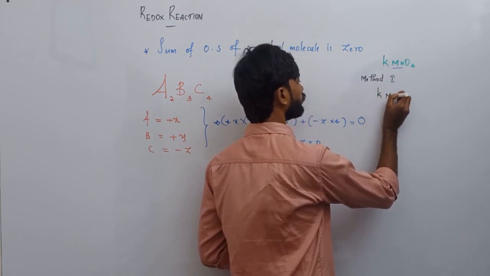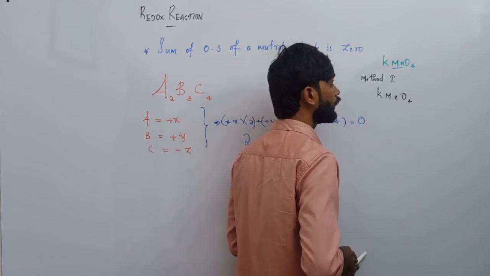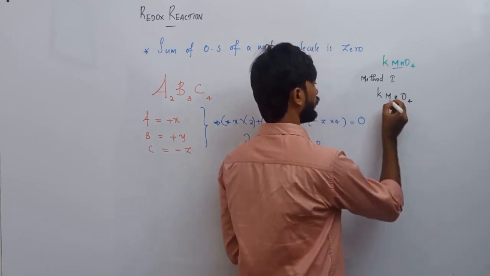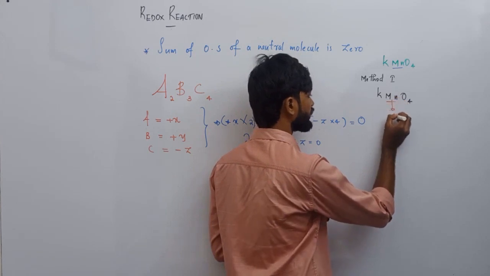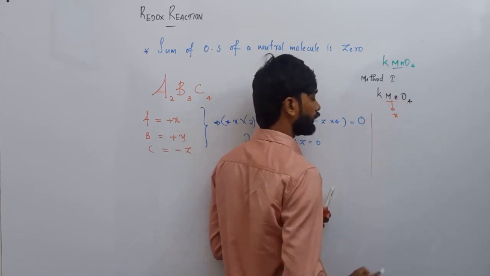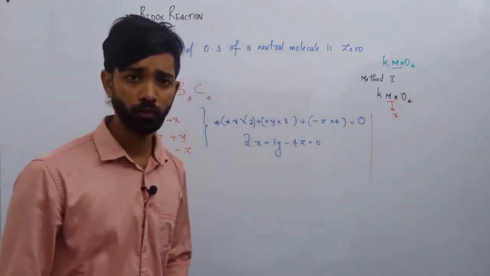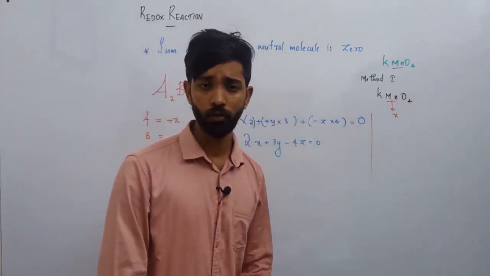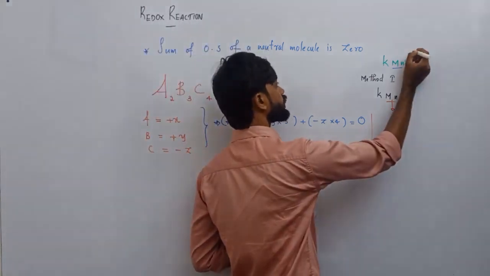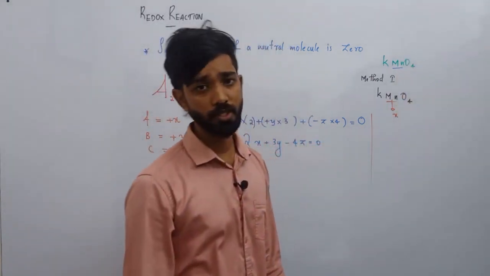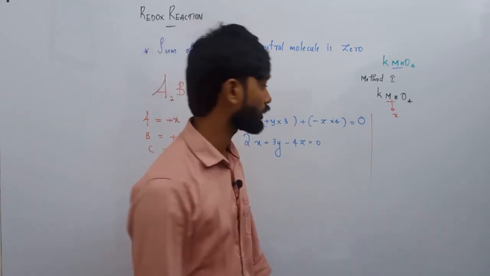Take your KMnO4, and the unknown is Mn, so put its oxidation state as X. KMnO4 is a neutral molecule, because no charge is mentioned here. So the sum of its oxidation states will be 0.